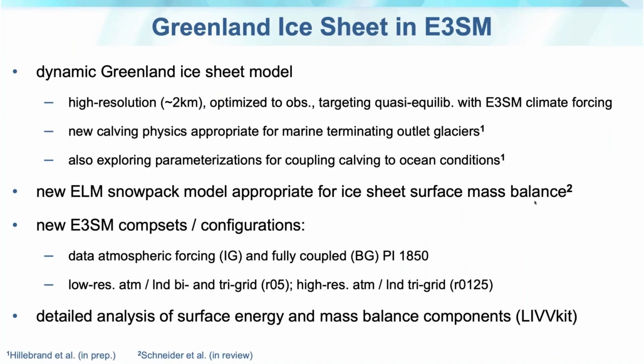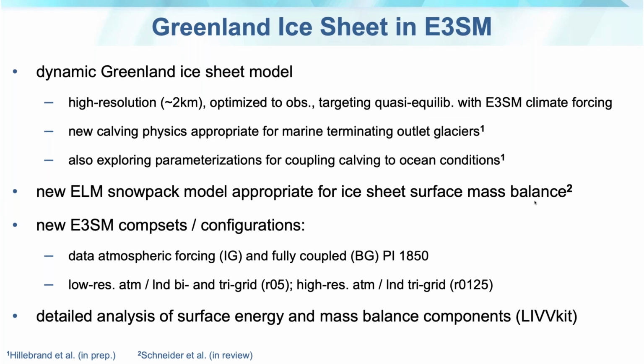Okay, I mentioned Greenland, work towards a Greenland ice sheet component. That work has been happening in a number of different places, again, mostly under a SciDAC project with some help on the E3SM side from folks like John Wolf and Gautam.